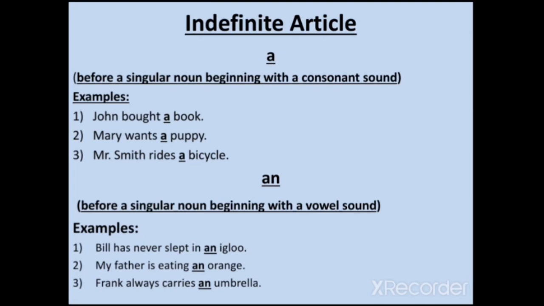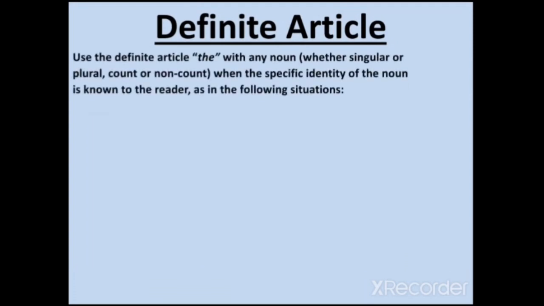Okay friends, now I move towards our second type of article, the definite article. The definite article is very important in the English language, and that is the. So we use the definite article the with any noun, whether singular or plural, count or non-count, when the specified identity of the noun is known to the reader. So when we specify or particularize a noun in the sentence, there we use the definite article.